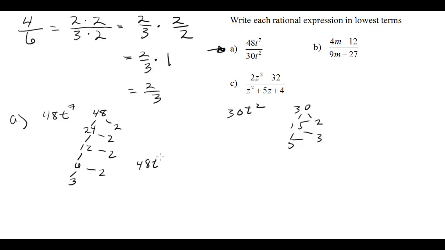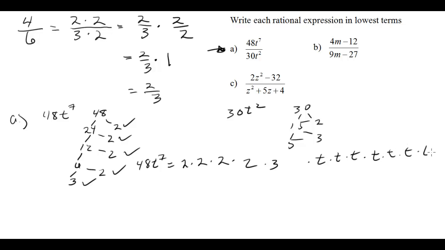48 t to the 7th is going to equal 2 times 2 times 2 times 2 times 3. Okay, and then the t, let's skip a space. T 1, 2, 3, 4, 5, 6, 7.